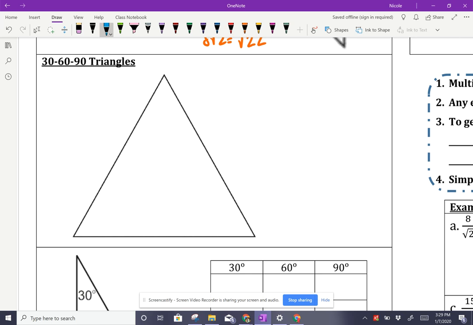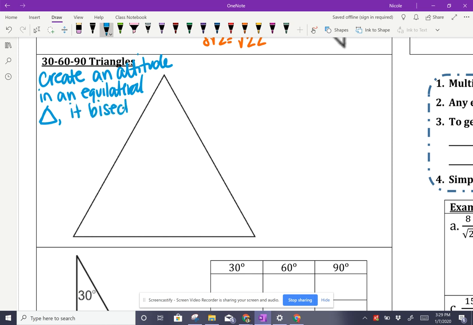If you take an equilateral triangle, create an altitude in an equilateral triangle, it bisects the side and the vertex.